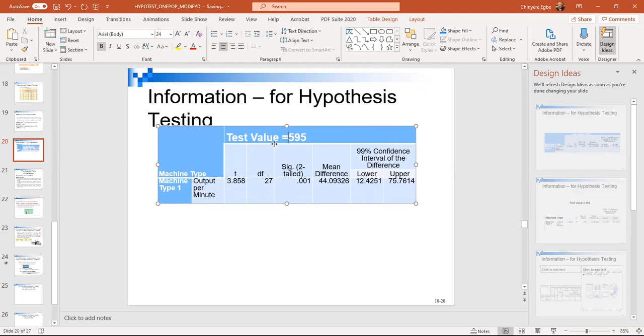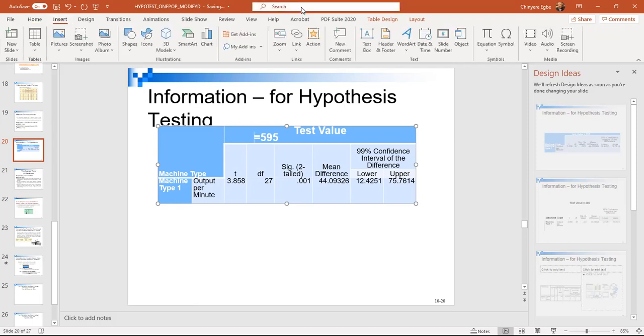Okay, we expect 595 units. So that is your mu. Okay, that's your mu. That is the expected population.